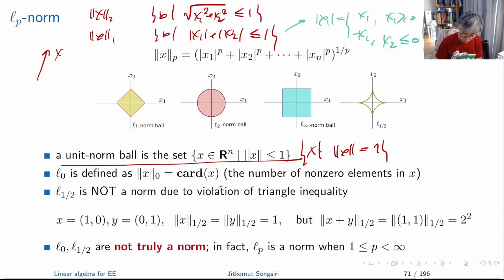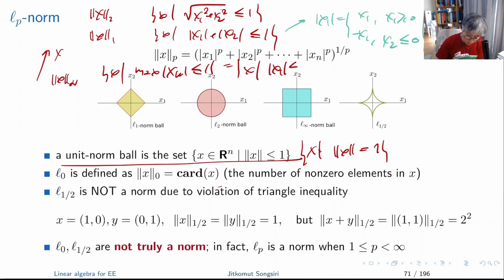For the infinity norm, it's the set of x where the max of the absolute values is less than 1. If the max of the absolute values is less than 1, all the absolute values must be less than 1. Both x1 and x2, their absolute values must be less than 1.